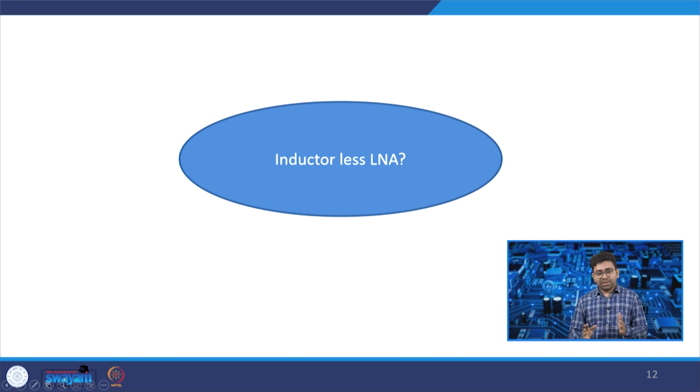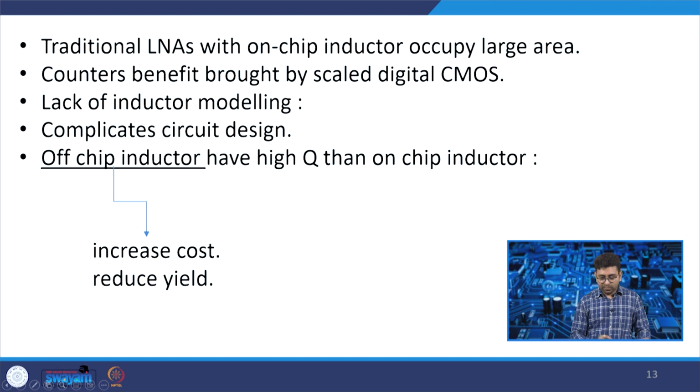Inductorless LNA: we have already discussed one or two such LNAs. A common gate configuration can also be clubbed into this inductorless LNA. Traditional LNAs with on-chip inductors occupy a very large area, and counter the benefits brought by scaling to digital CMOS.